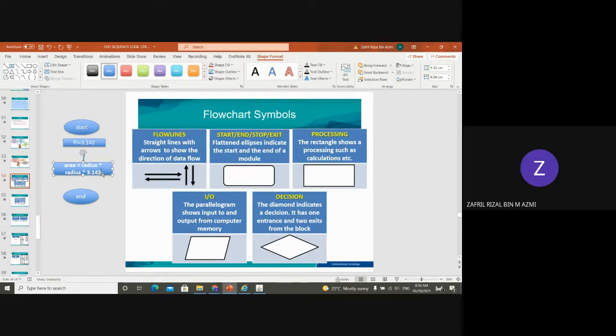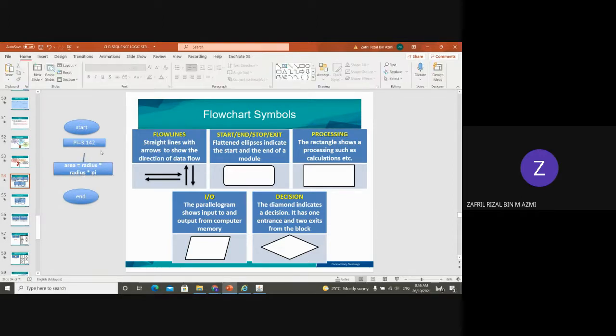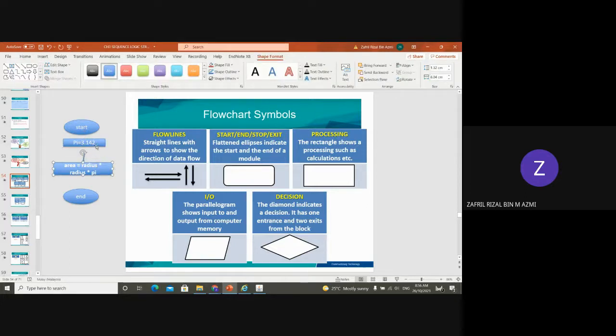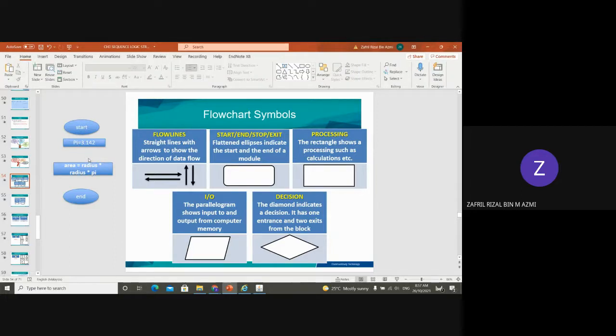So over here we use pi, kan. Okay, pi. So this is initialization. So most of the time, if these two are present in your design, we put them in the rectangle shape. Okay, either calculation or initialization. Okay?